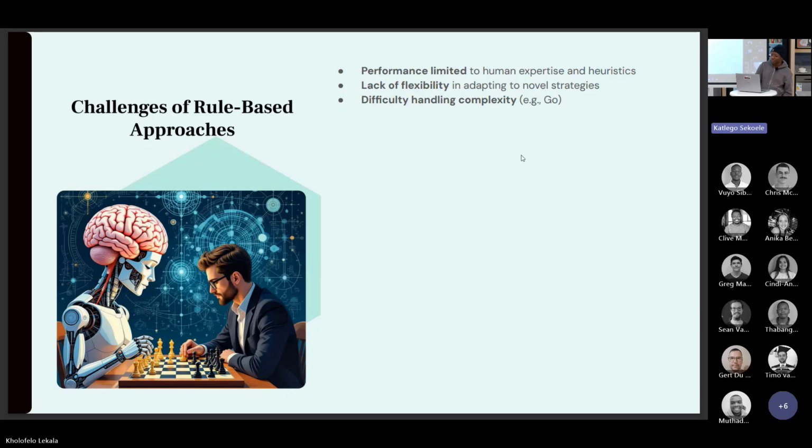The problem is that, as I said, it is based on human experience, so it's never going to be better than the human who created it, unless you brute force it by increasing the depth that min-max goes to. But from that standpoint, it's kind of iffy.